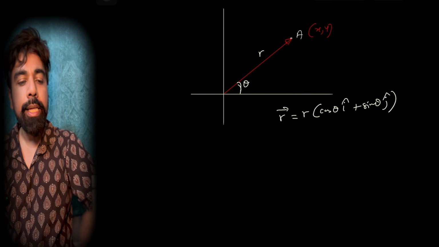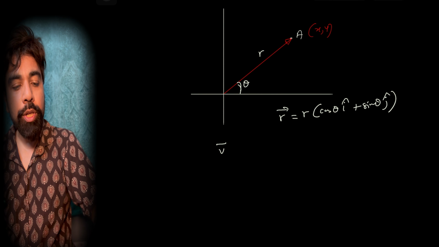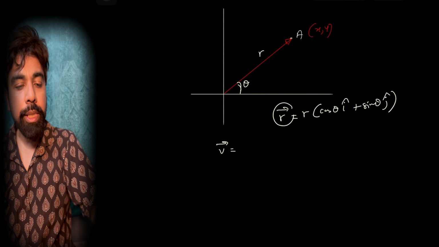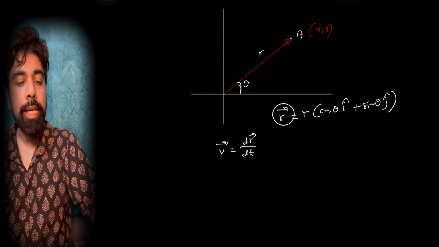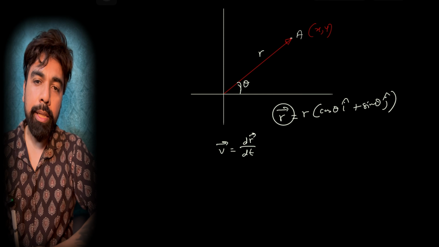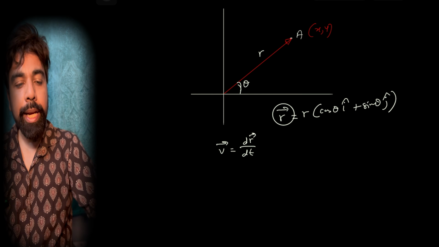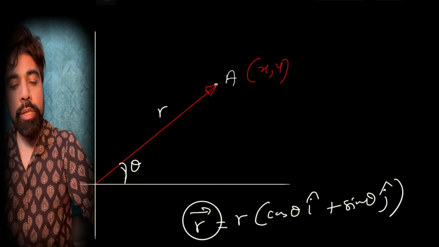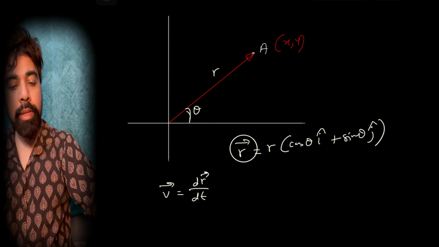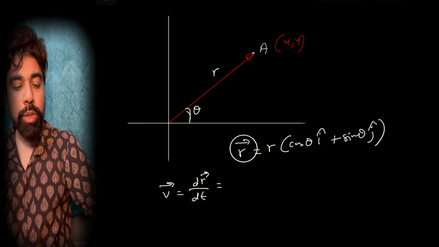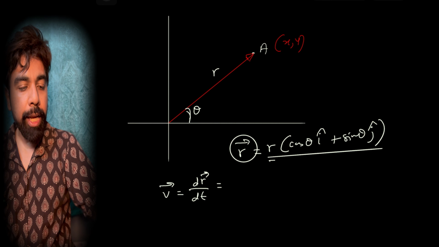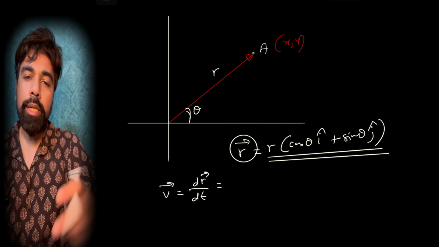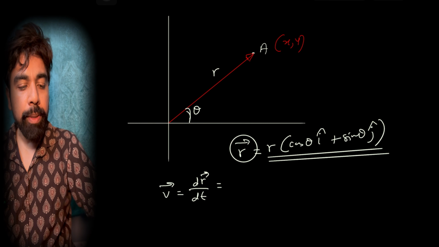In that case, your velocity vector is going to be the rate of change of displacement, which is dr bar by dt. But remember, in this case, both r and theta are variable. So how will you get this? Now let me zoom into this figure. You can easily see that if r and theta both are variable, you have to take the derivative of this equation in the u into v form. And what will be the answer of that?